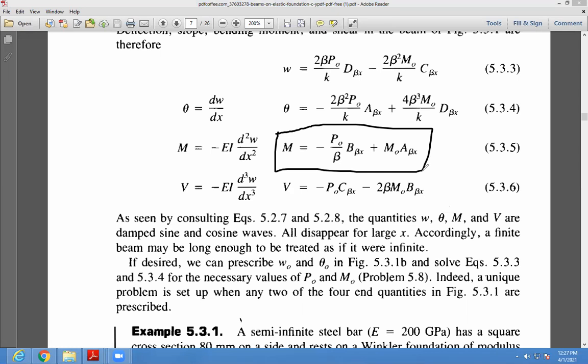As for this case, we get the value of a beta x equal to 0. So this second term will automatically be equal to 0. So remaining only this term, minus P naught by beta into b beta x.